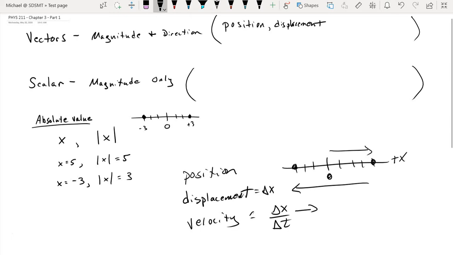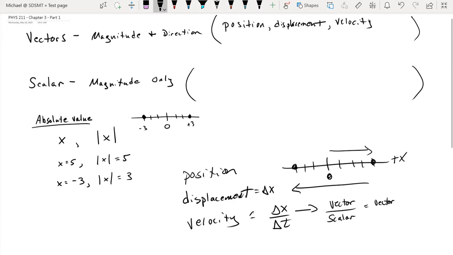And the answer is no. Time does not have a physical direction that it points in. We do have a tendency to think of time as moving forward or flowing forward, but in the physical sense, it does not have a direction. And so what we have here is a vector divided by a scalar, and that is going to make another vector.